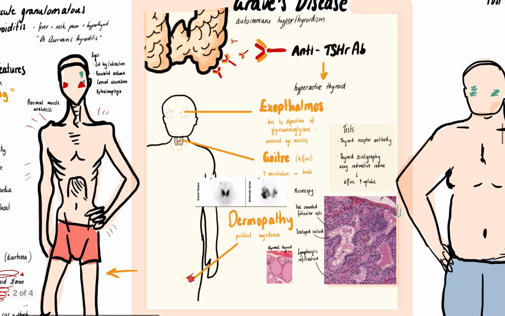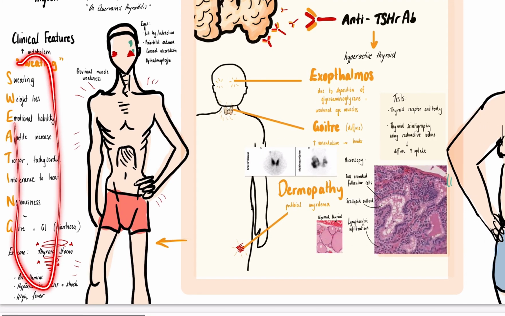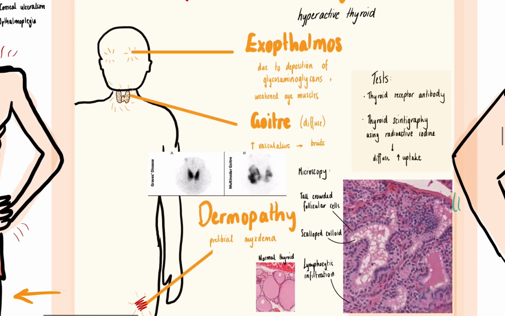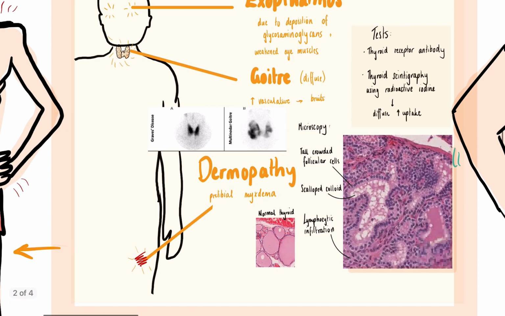So Graves' disease has all of these symptoms, but in addition, it has three kind of unique symptoms. Namely, exophthalmos, which is the proptosis or bulging of the eyes due to the deposition of glycosaminoglycans and weakened eye muscles, which make your eyes stick out of your head a little bit.